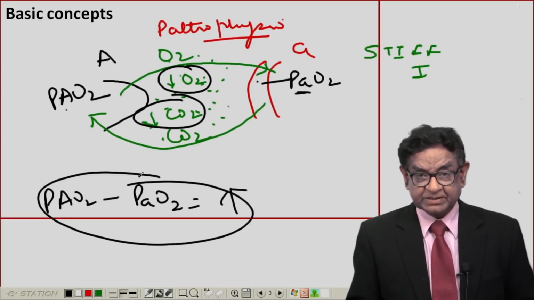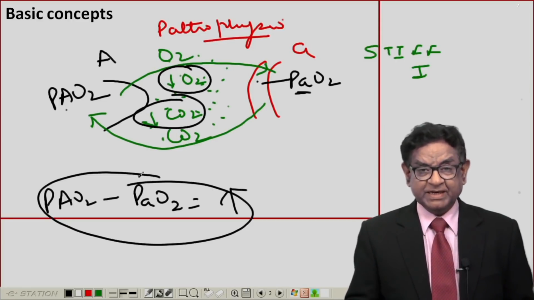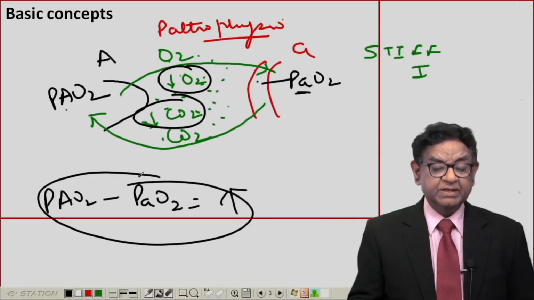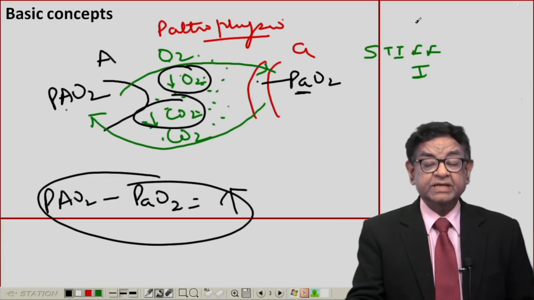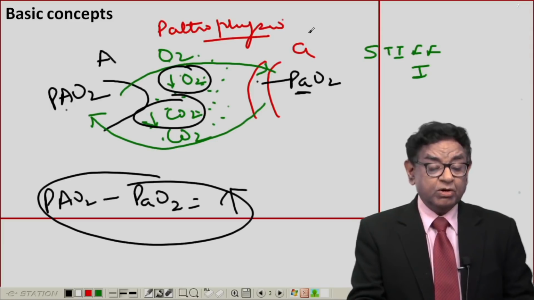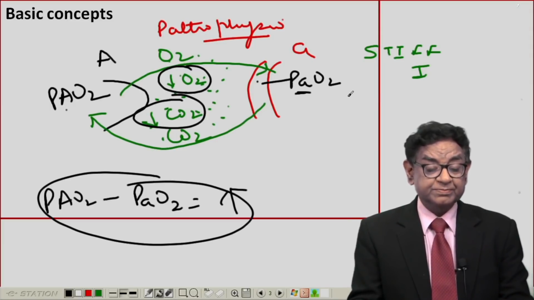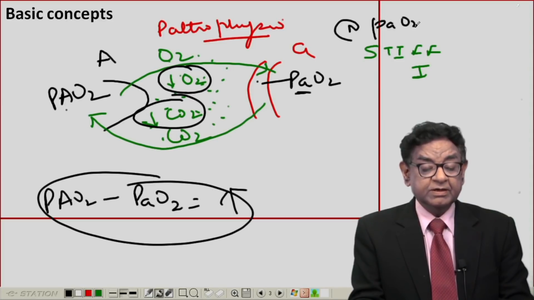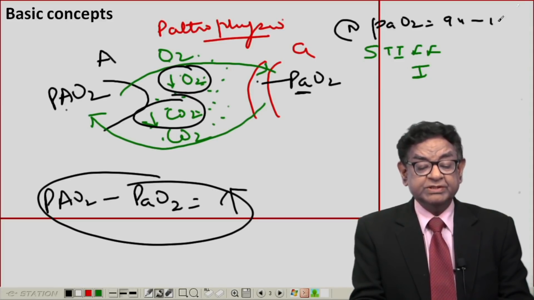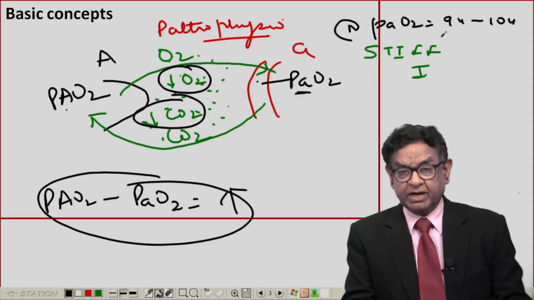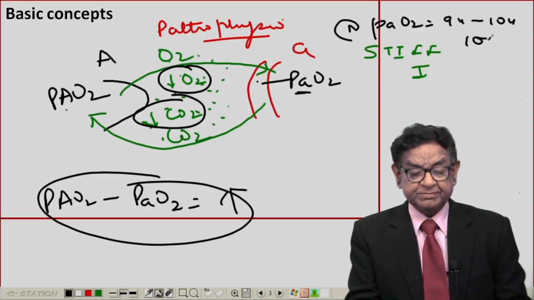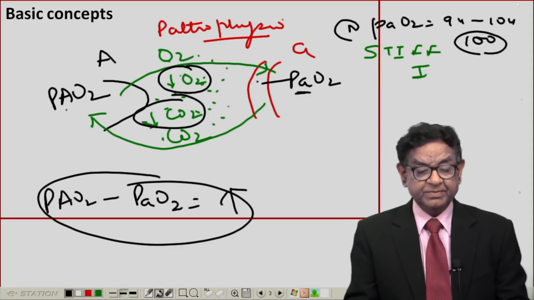Well, before I discuss more about ARDS, let me tell you some more basic concepts. Normal PaO2 is about 94 to 104, but for easy calculation I am taking 100 millimeter of mercury.